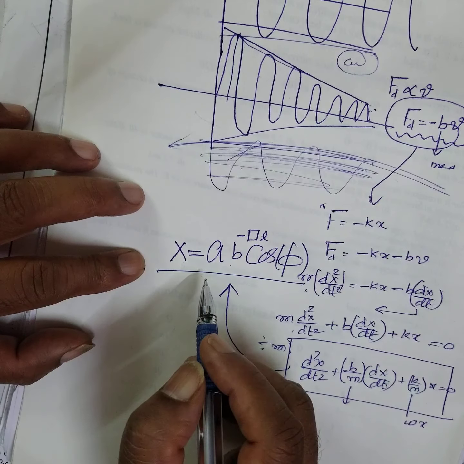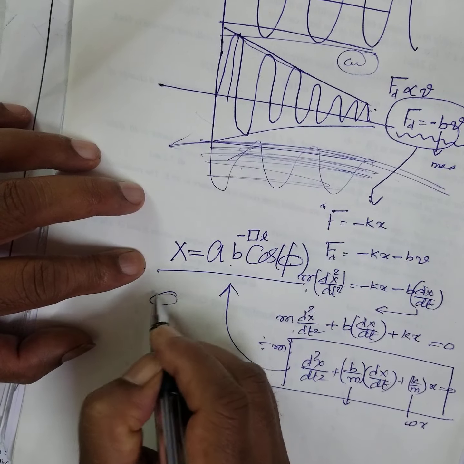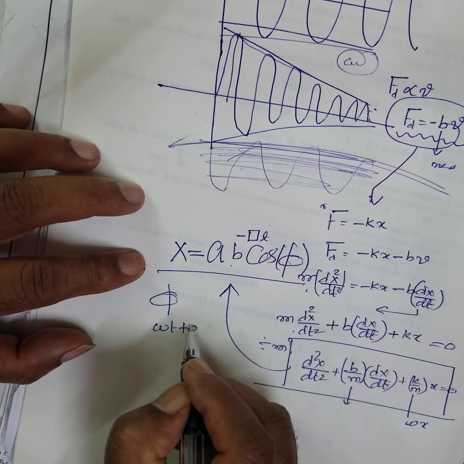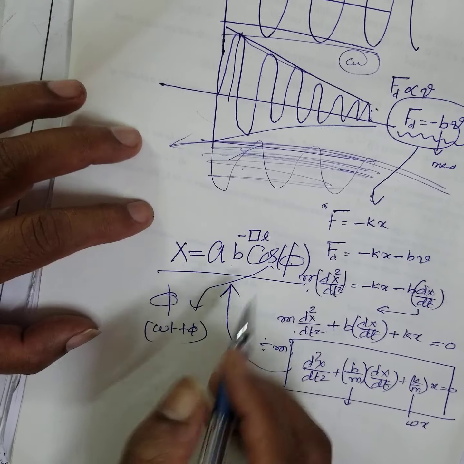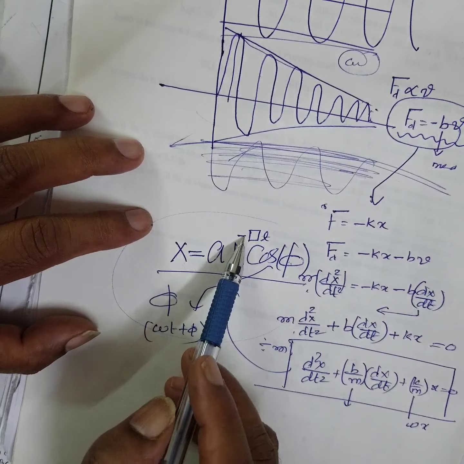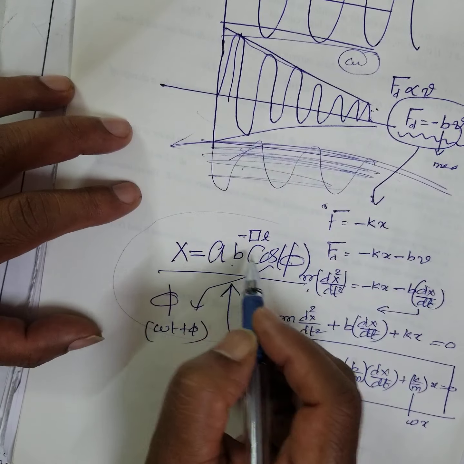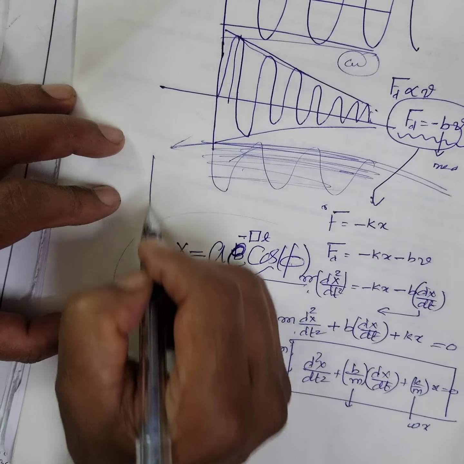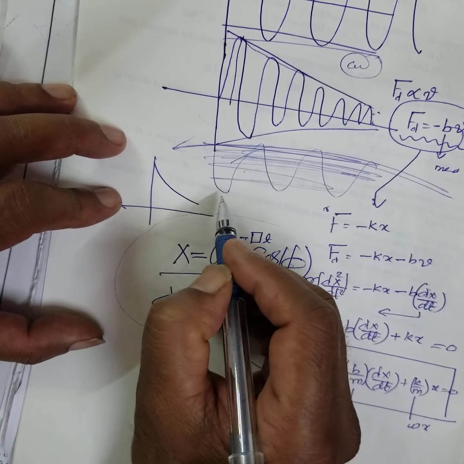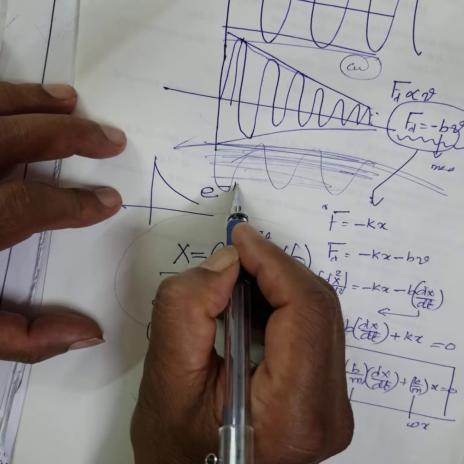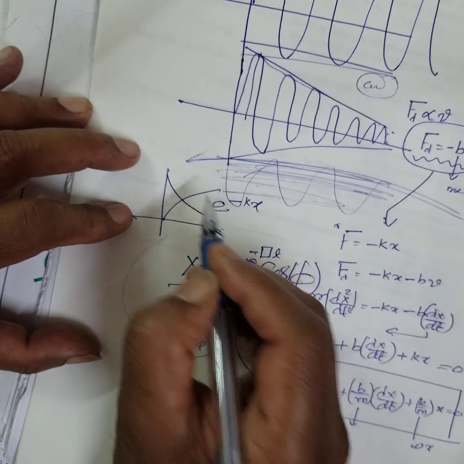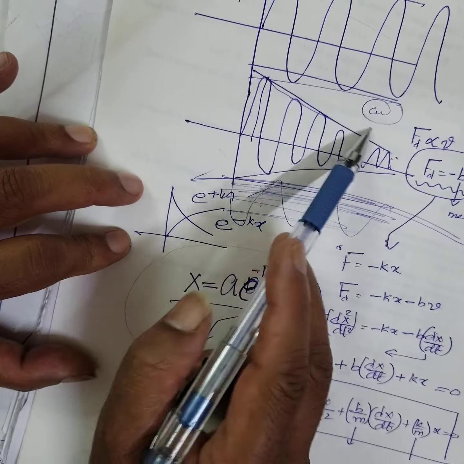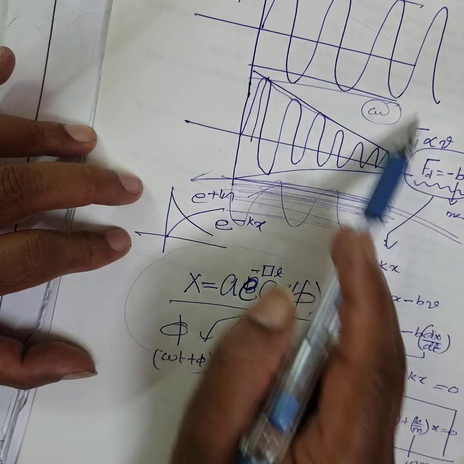And phi is the phase angle. But looking at it itself, you can say it is decreasing. See, remember, this is exponential. For an exponential curve to decrease, it is e to the power of minus some constant into t. If it increases, it is e to the power of plus. But here it is exponential, decreasing. You have to understand like that.